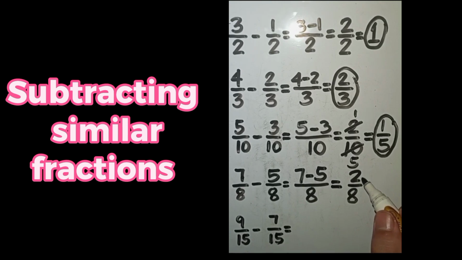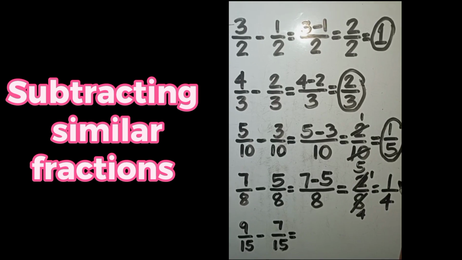We have to simplify 2 over 8 by dividing both numerator and denominator by their GCF, and that is 2. So 2 divided by 2, you have 1. 8 divided by 2, you have 4. And the final answer would be 1 over 4, or 1/4. So 7 eighths minus 5 eighths is equal to 1/4.